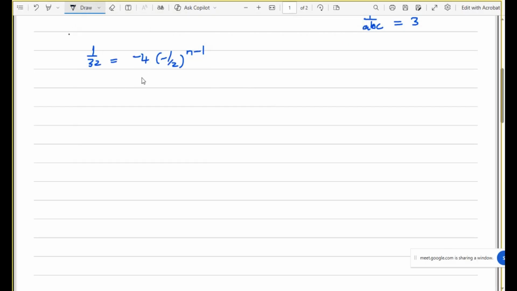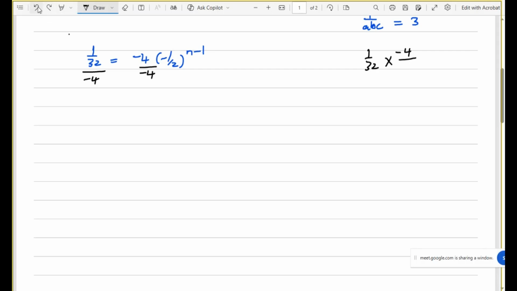Okay, first thing first, I'm going to get rid of that -4, divide by -4. That is the same as saying I have 1/32, multiply that by -4/1. Not -4/1. I don't think it will be -4/1, but this will be 1/-4.